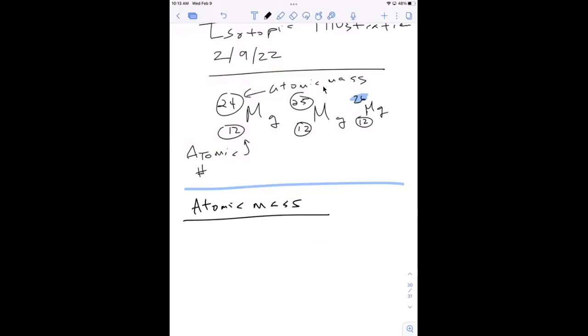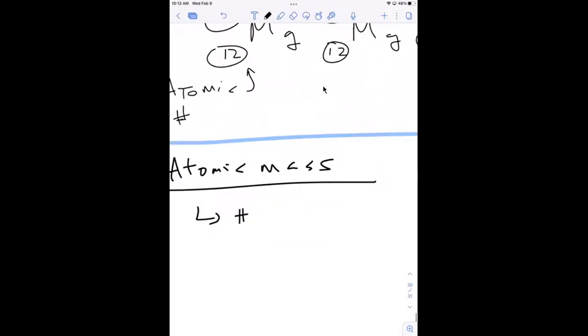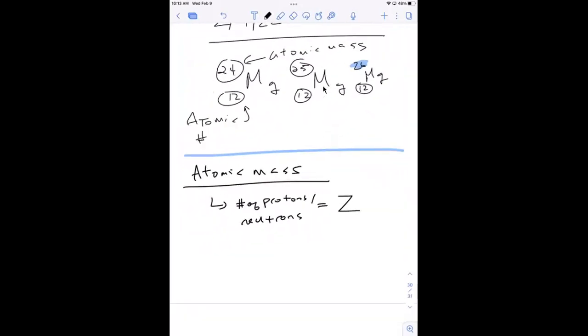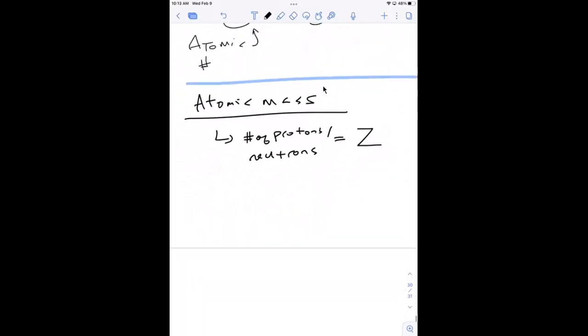The atomic mass, again, is based on the number of protons and neutrons. That's what Z is based on. Remember, that's the symbol for atomic mass, Z. The number you see on the periodic table is actually the average. The periodic table Z value is an average.